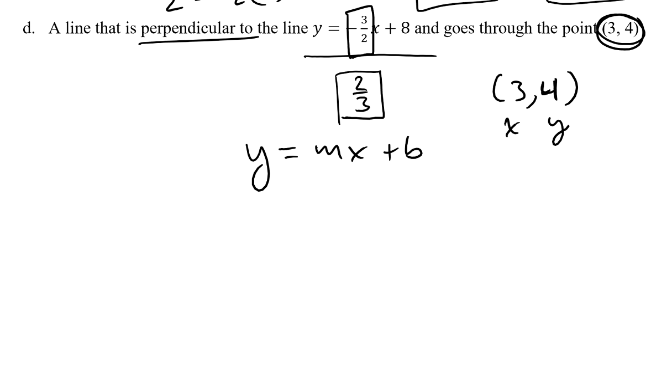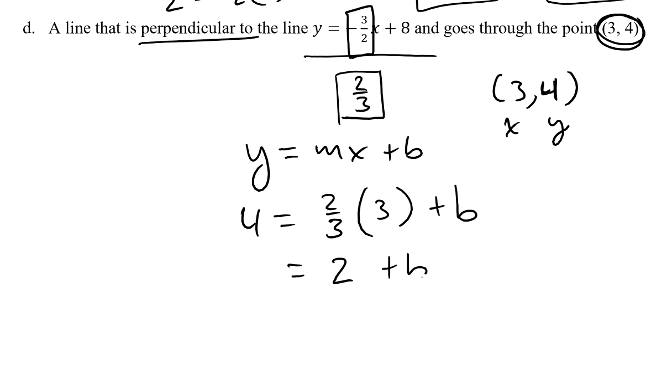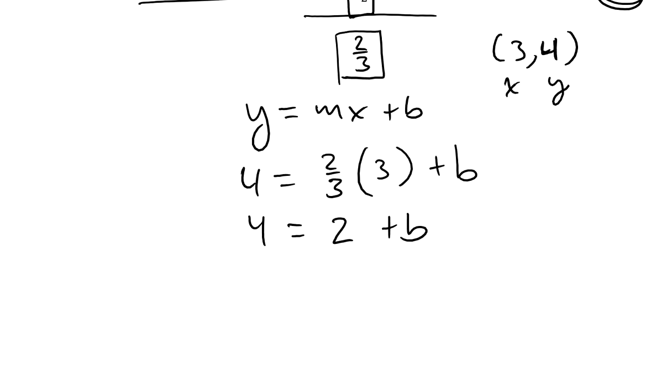So I'm going to put down y is 4, and that equals my slope 2/3 times my value of x, which is 3, plus b. Well, 2/3 times 3, 2 times 3 is 6, 6 divided by 3 is 2. So this just becomes the number 2 plus b, and then I've got 4. If I take away 2 from both sides, we get that b, my y-intercept, is 2.